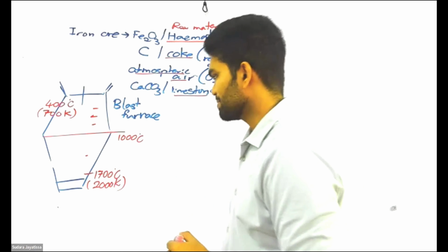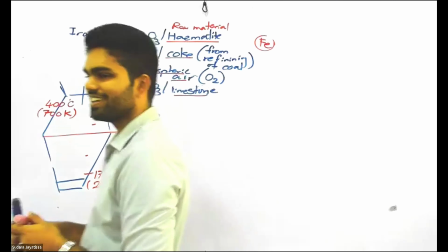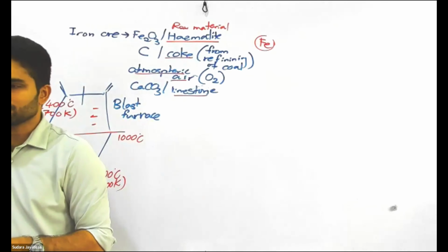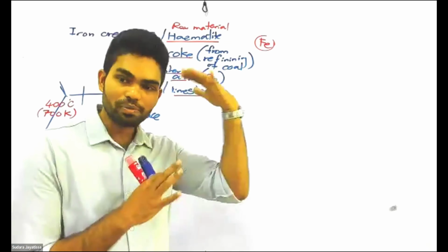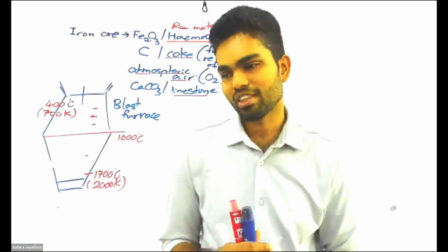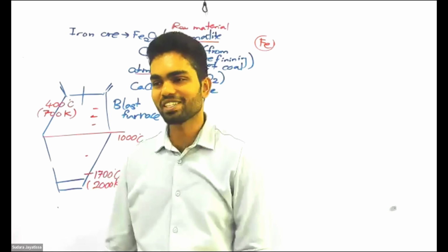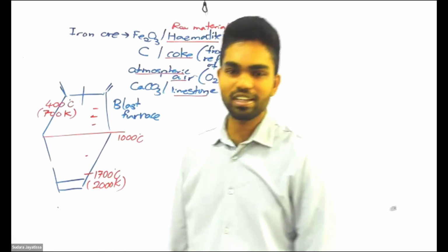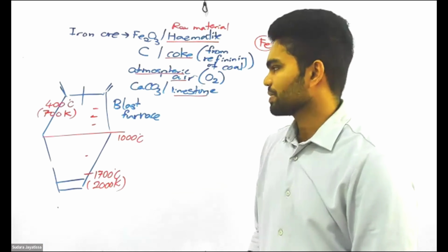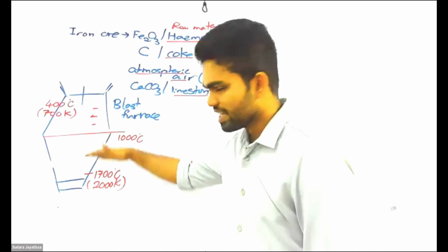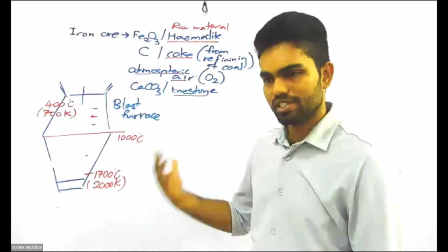This is not a very simple thing. It's not small. It's approximately 50 meters in height, and it has the diameter of several classrooms. It's a very big thing. In that setup, this temperature gradient is maintained and it is a continuous process.